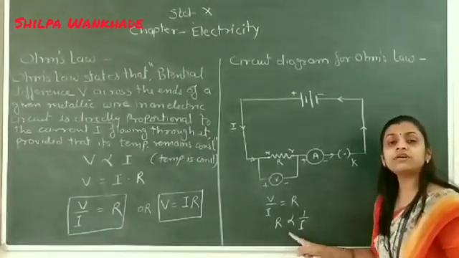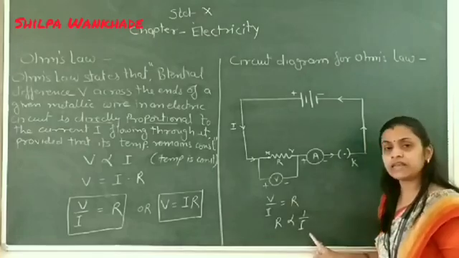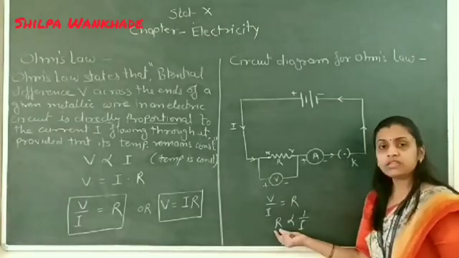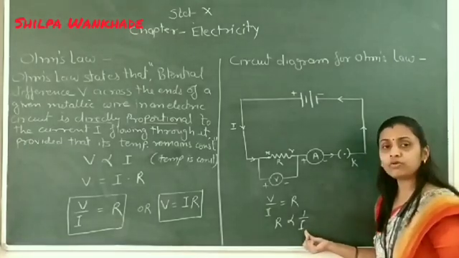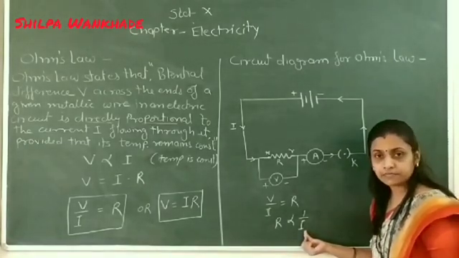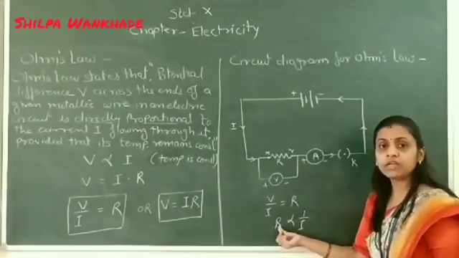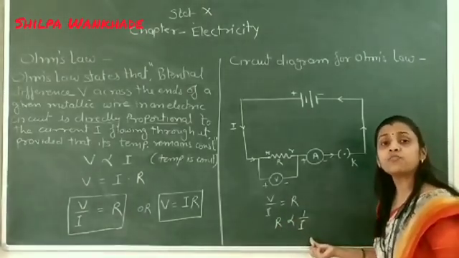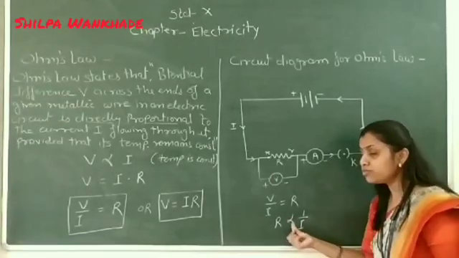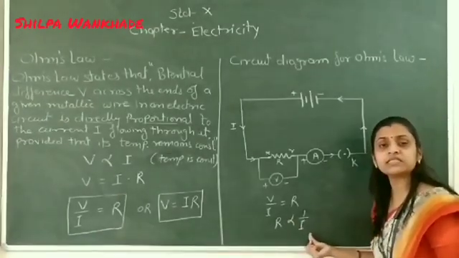There is an inverse relation between resistance and current. Whenever the metallic wire has high resistance, the current flowing through it is less. And if the conductor has low resistance, the current flowing through that wire is more.